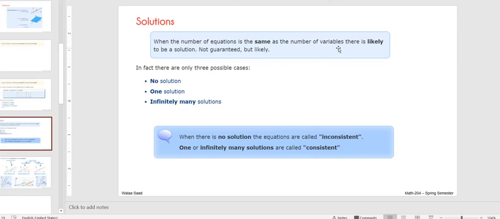However, it can also have no solution, like we will see while solving. If the system has no solution, we call it an inconsistent system. If it has a unique solution or infinitely many solutions, we call it consistent.